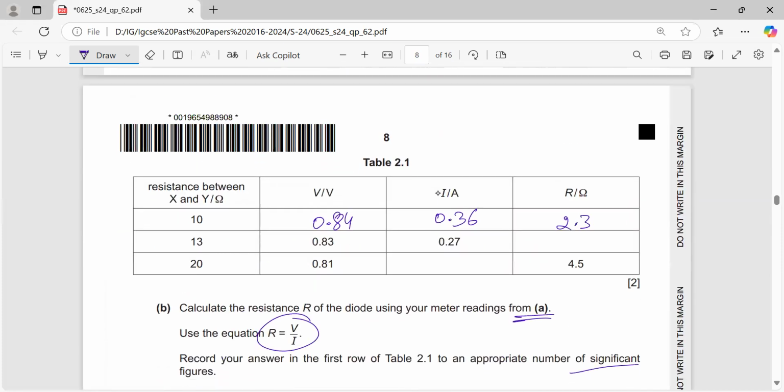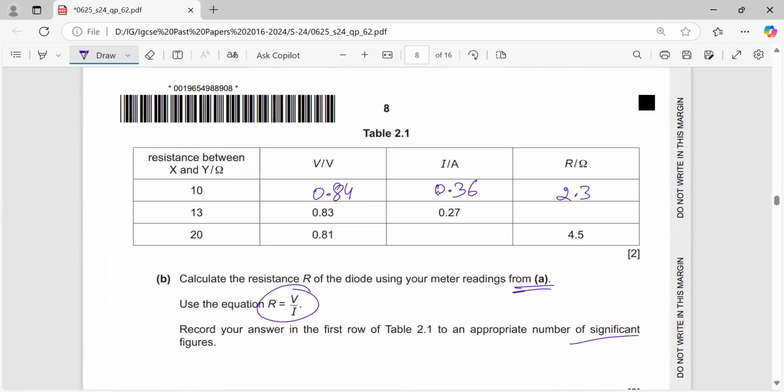The missing value of R is 0.83 divided by 0.27, which is 3.07. So I can write it as 3.1.